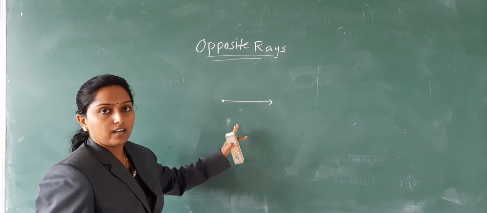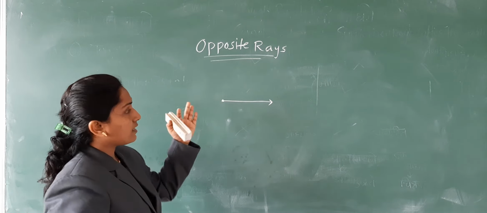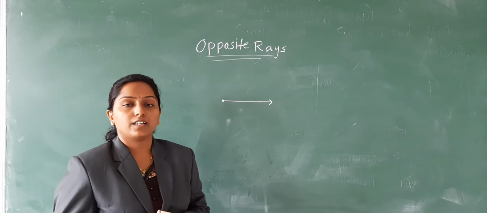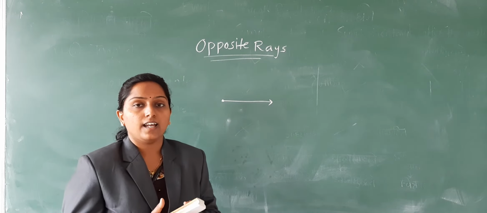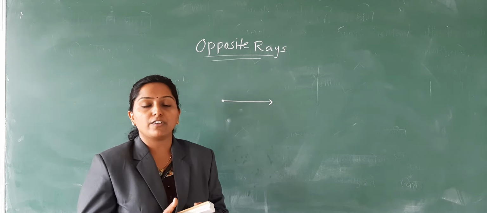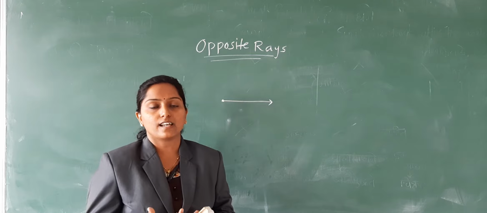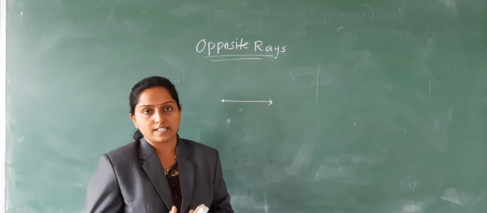So this is a ray. Now we have to see what opposite rays means. The definition is that if there are two rays with one common origin, and if they make a straight line, then the two rays are called opposite rays.